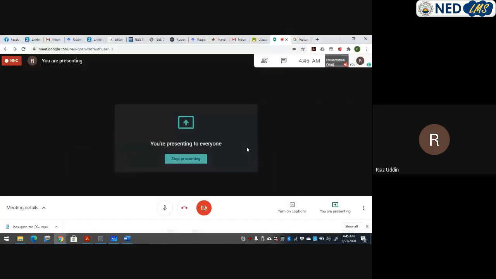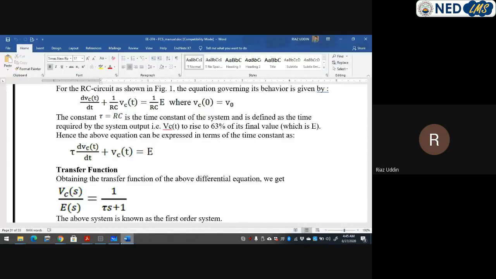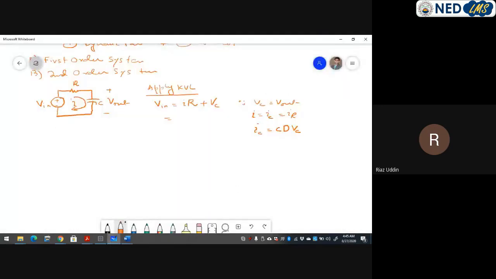Here we can see that d can be replaced by the Laplace operator, because the initial conditions are 0. So IC is equal to CS VC. I can directly put the value of IC here, so it becomes RC S VC plus VC.